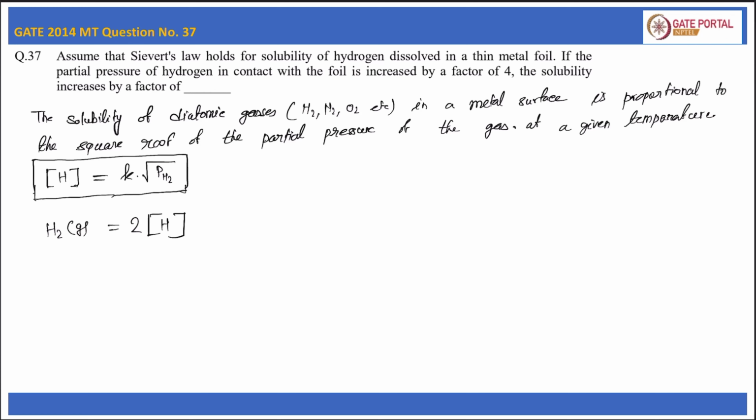Now if you write the equilibrium constant K for this reaction, it will be the concentration of hydrogen whole to the power 2 divided by the partial pressure of hydrogen. If you rearrange this equation, we get the concentration of dissolved hydrogen equal to K equilibrium whole to the power half times the square root of pH2, or K times the square root of pH2.